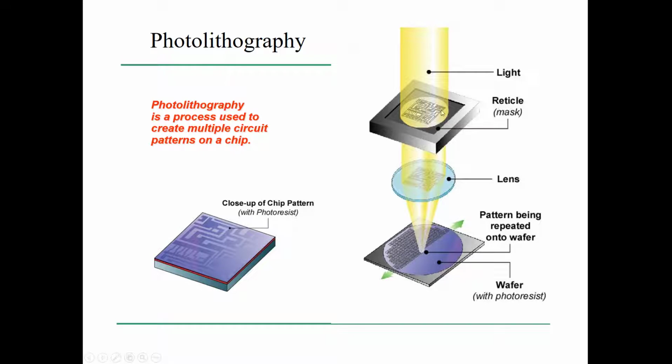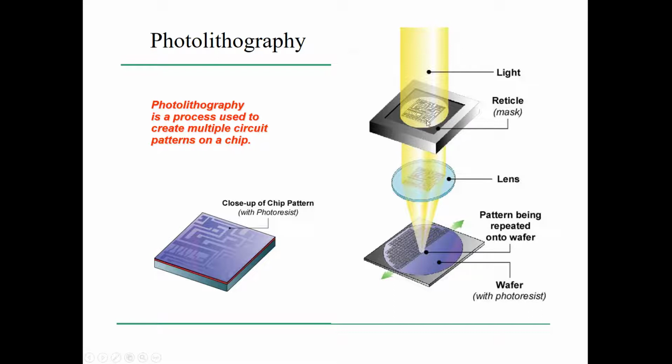Now, in PCB fabrication, the mask is often called a photo tool. With IC fabrication, it's called a reticle. But these terms all mean the same thing: reticle, mask, photo tool. It's the negative of whatever circuit that you want to image onto the photoresist.